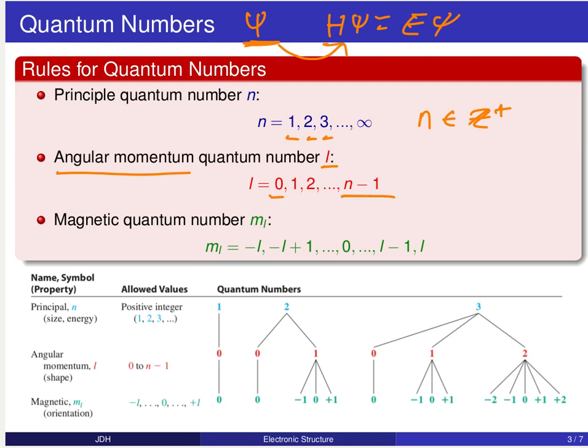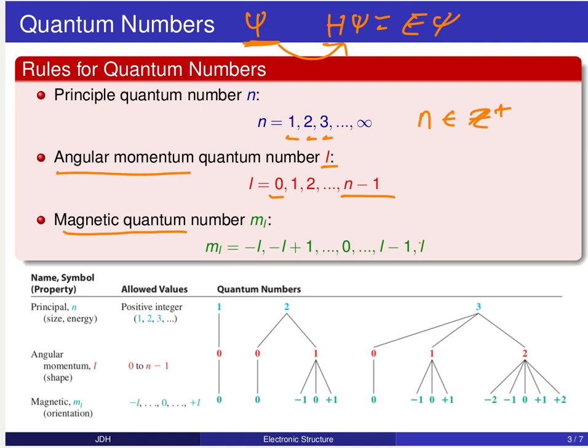Okay? Furthermore, the values of L then limit the possible values that our third quantum number can take. So our magnetic quantum number M sub L is constrained to the range of minus L and then all integers up to 0 and then all integers up to a positive L.